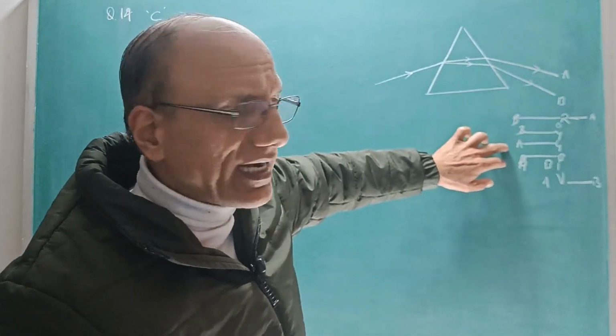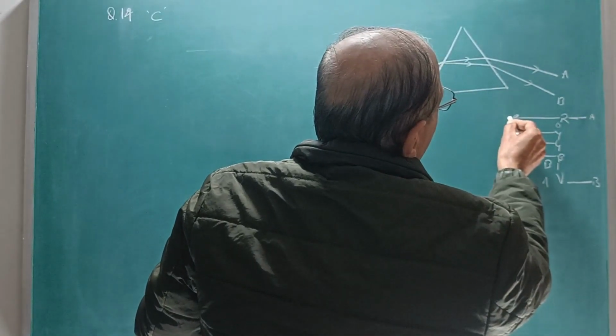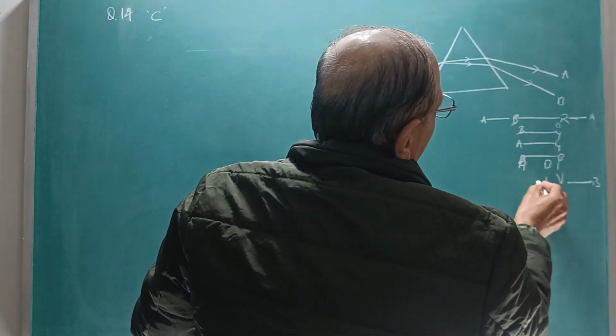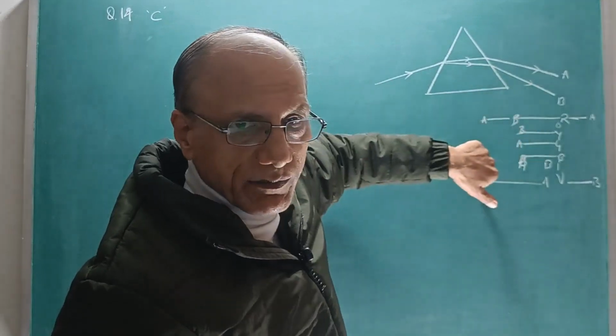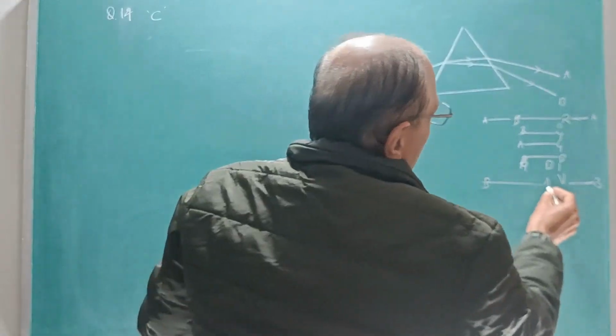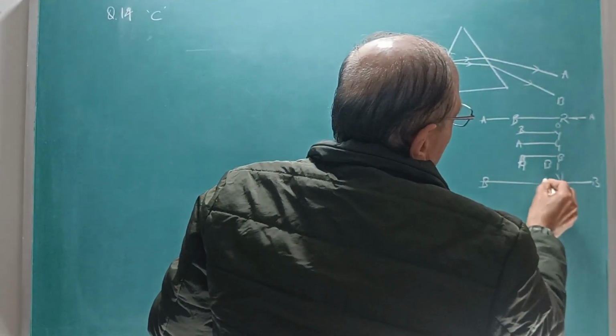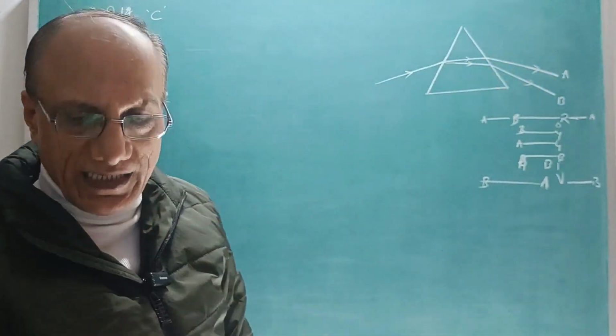C is red and violet: red is A and violet is B, so this is the same sequence, same order, and this is the correct answer. And D is violet and indigo: violet, then indigo, again the sequence is reversed. So the correct option is C.